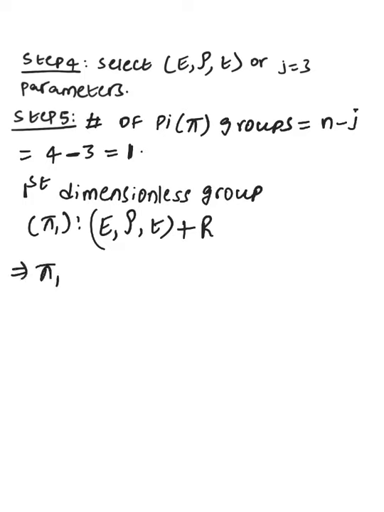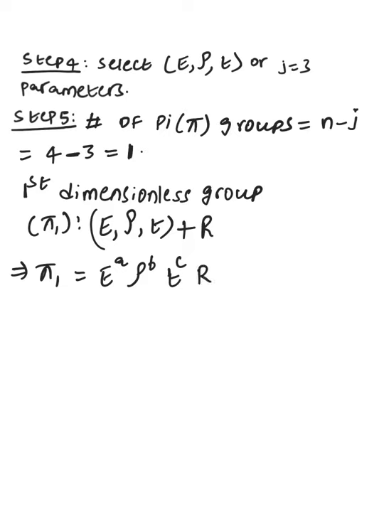Pi 1 equals E raised to the power a, rho to the power b, t raised to the power c, and these are combined with r.